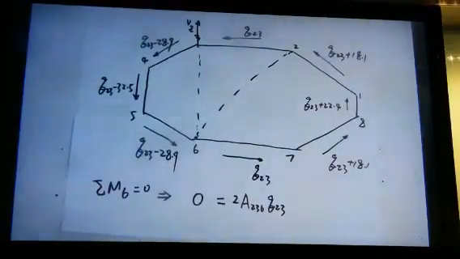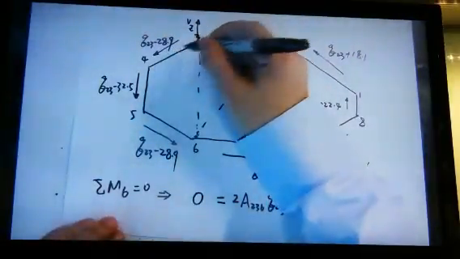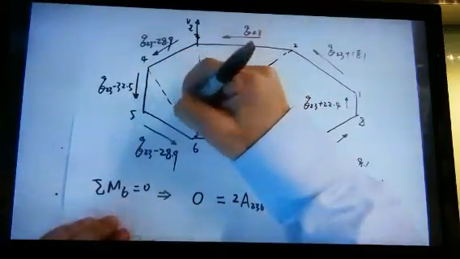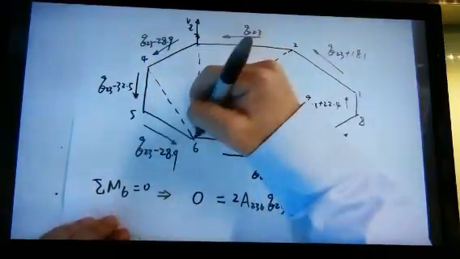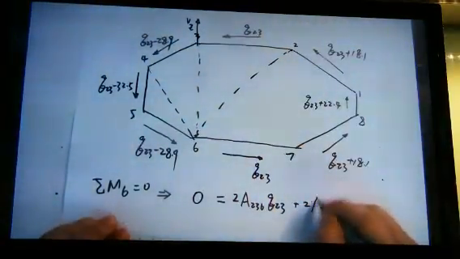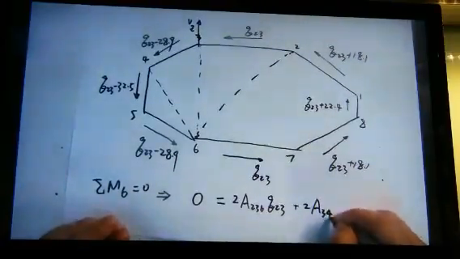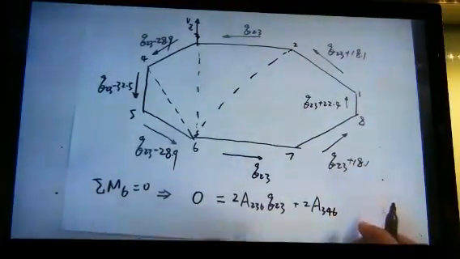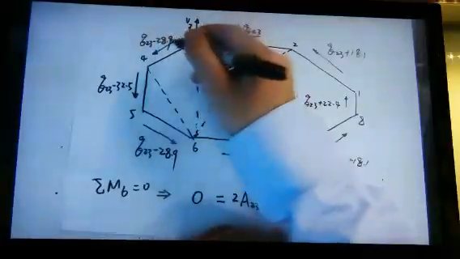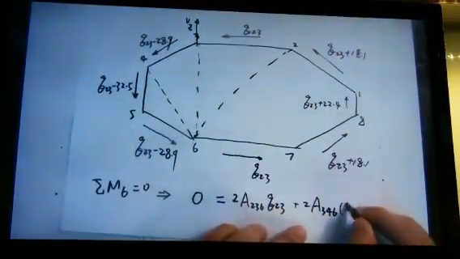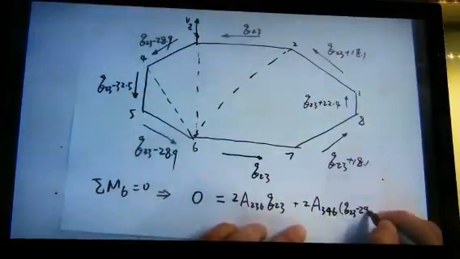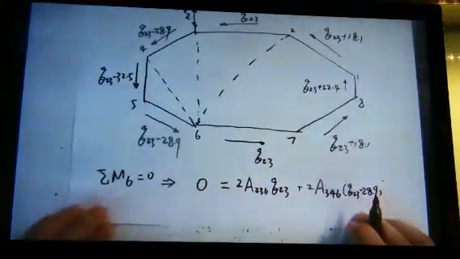And then 3 to 4. This is the area A346, and the shear flow is Q23 minus 28.9.